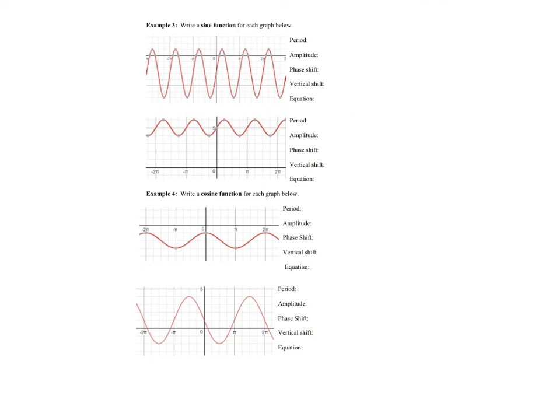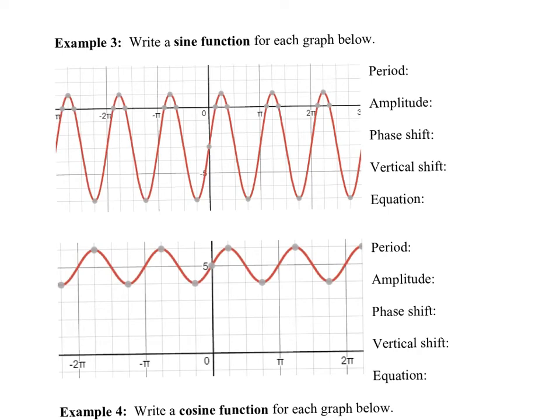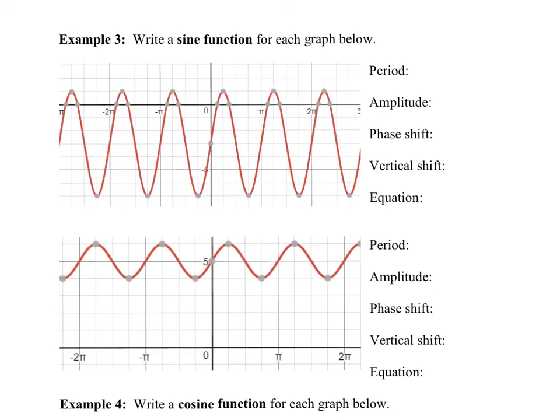So on this, I'm going to write cosine and sine functions for each of these. So first, I'm going to identify the period. So the period, if my sine function starts right here, so the period is going to be pi.